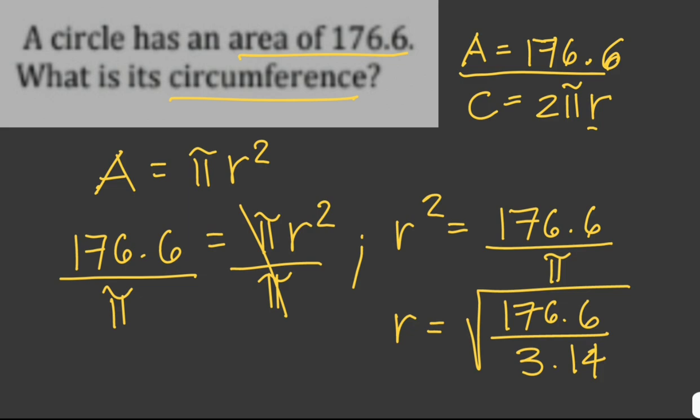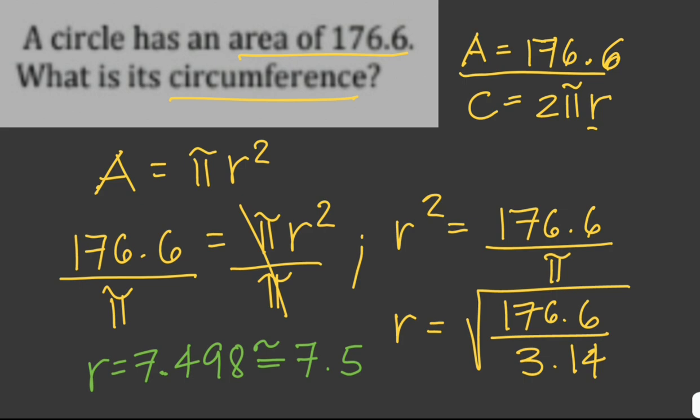Alright, so the square root of 176.6 over 3.14 is just equivalent to 7.498, or approximately equal to 7.5. So this is the value of the radius.